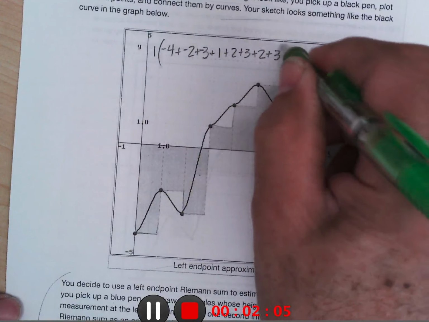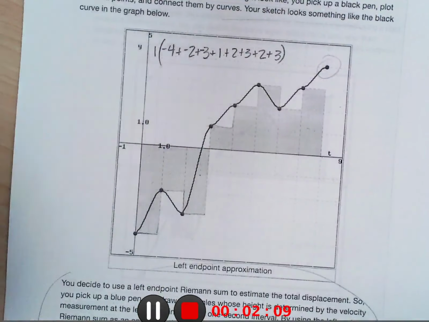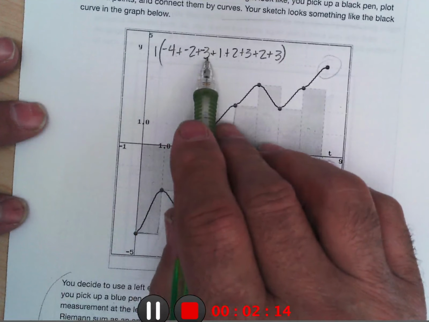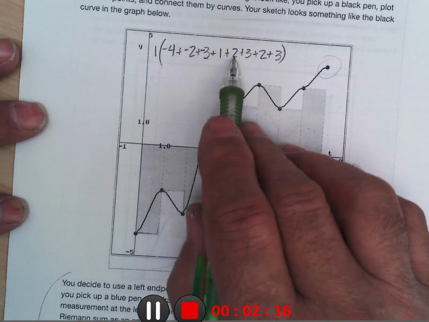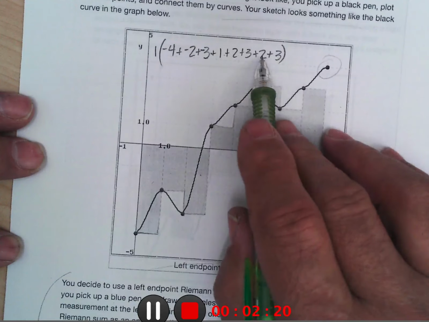All 8 of these. Well, that's -6, -9, -8, -6, -3, 0, 2. And so we get 2.